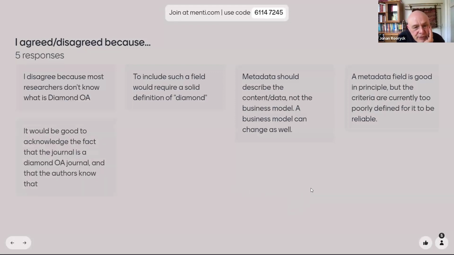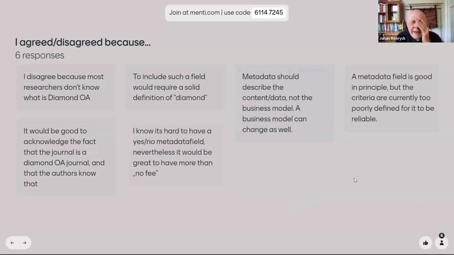Okay, that's a good point. Metadata should describe the content, not the business model. I think that's an important one. Yeah, but the question is really, do we need that in the metadata? I'm divided about that myself, actually.